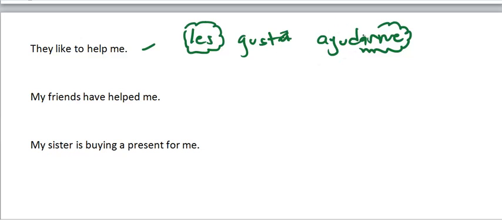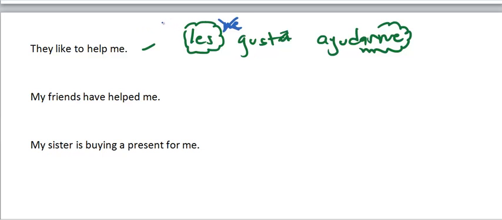We are using and applying the rules here. You have an infinitive, go with infinitive, and don't put it here. You cannot say, in a different color, les me gusta ayudar. That is wrong.